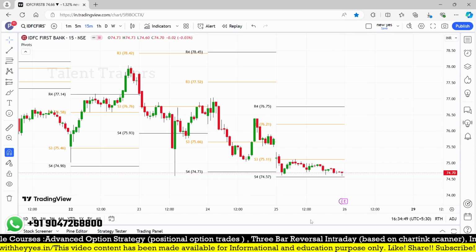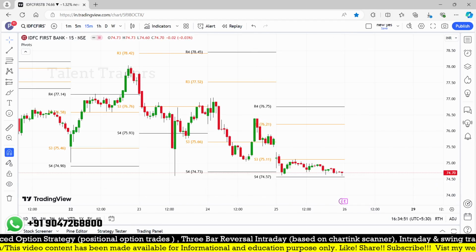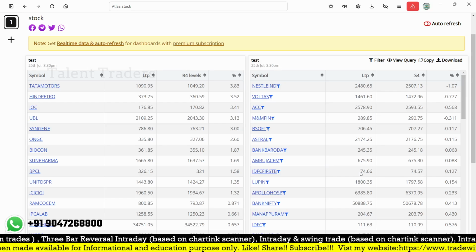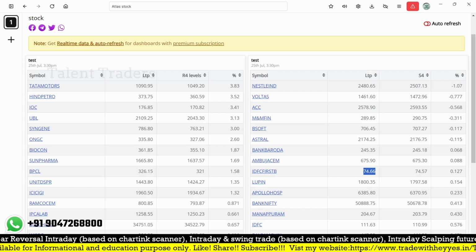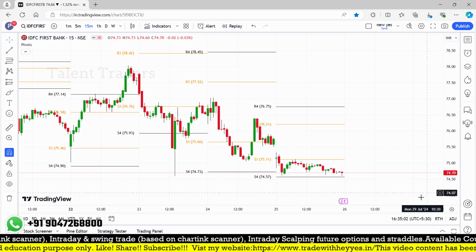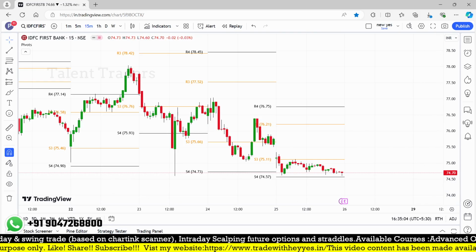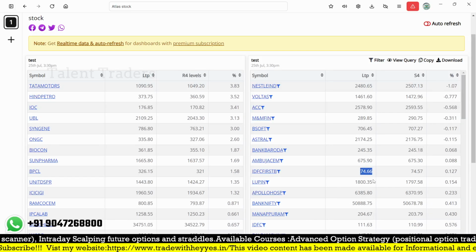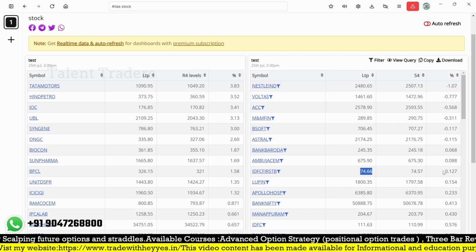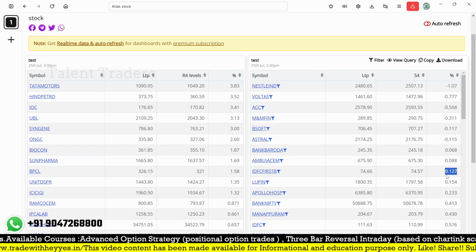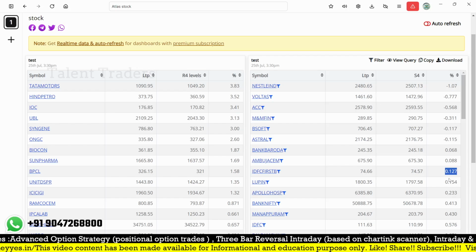Here the R4 level is 74.57, and the exact R4 level we are getting here, and the current price is showing 74.67, sorry, 74.7, maybe it is the settlement price of the last traded price, and it may be the equity closing price, the LTP. The gap from our entry point is near about 0.1%, so maybe it is going to trigger.